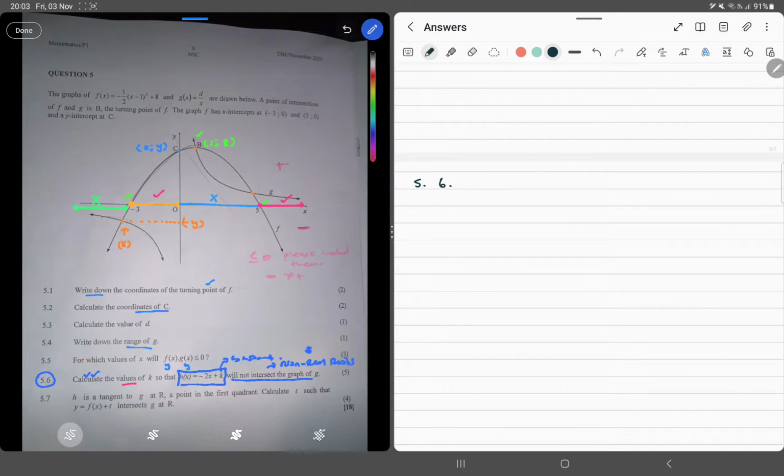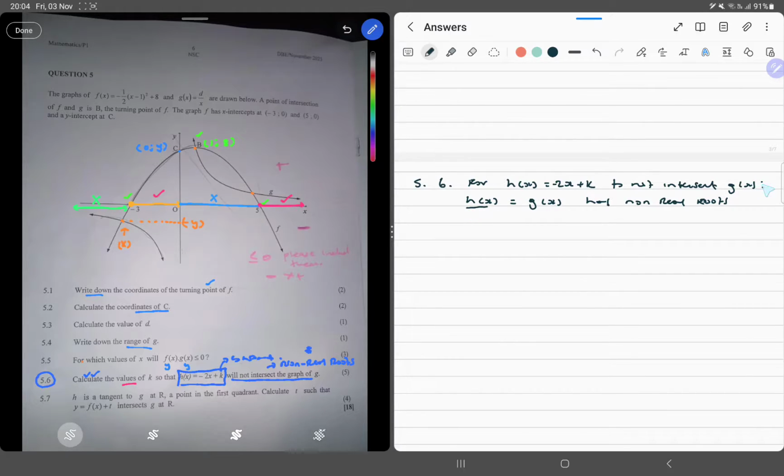So the first step here is to say, for h of x equals -2x plus k to not intersect g of x, it is such that we can simply say h of x equals g of x has non-real roots.